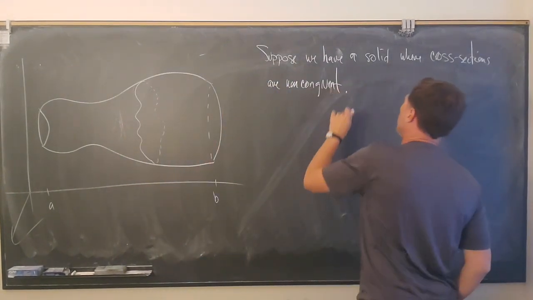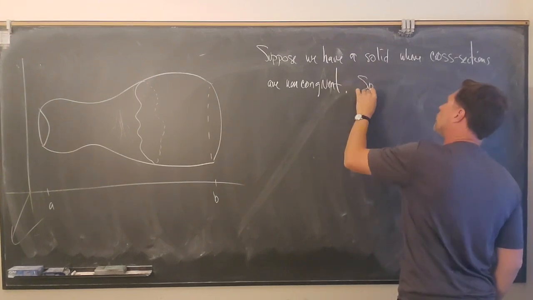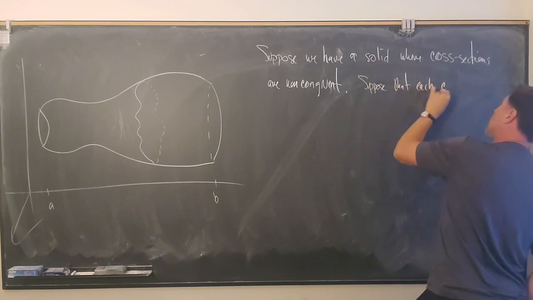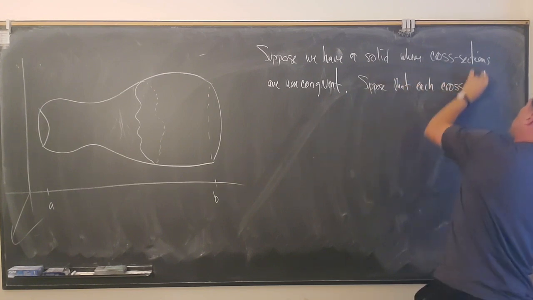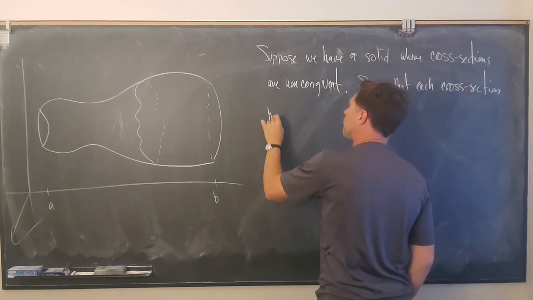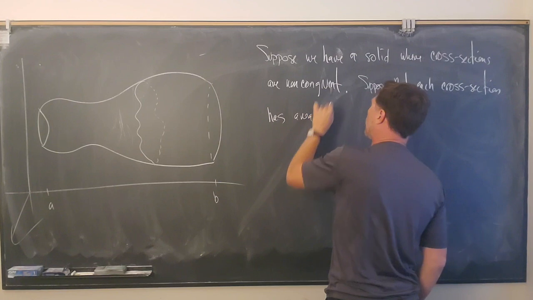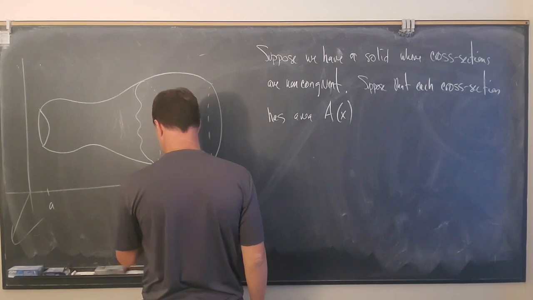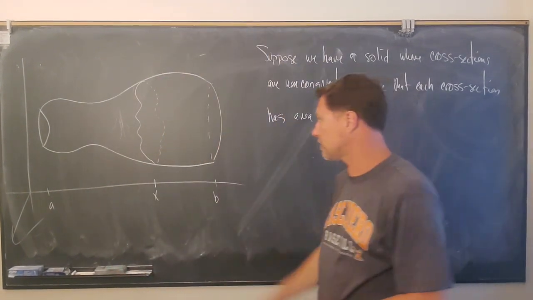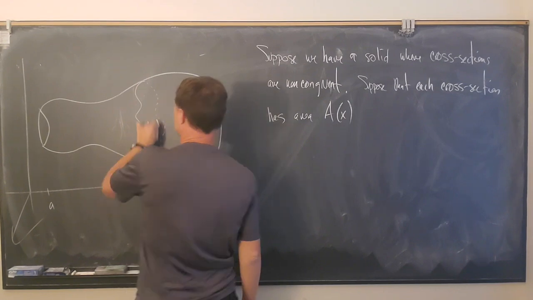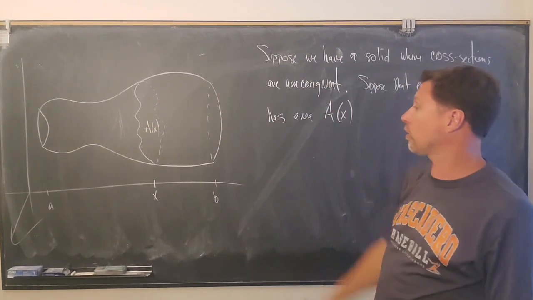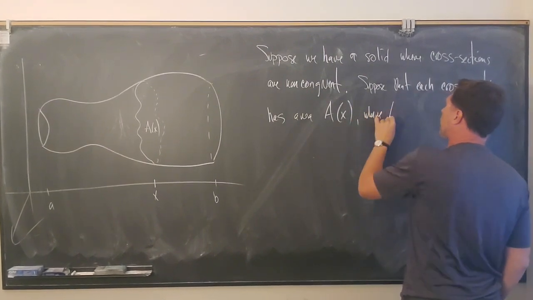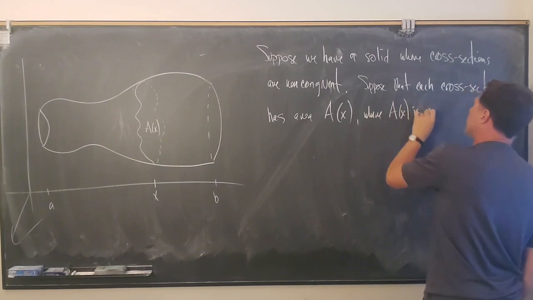Now, suppose that each cross section has area A of x. So if I take the slice vertically now at position x, we have a cross section whose area is A of x, where A of x is continuous.